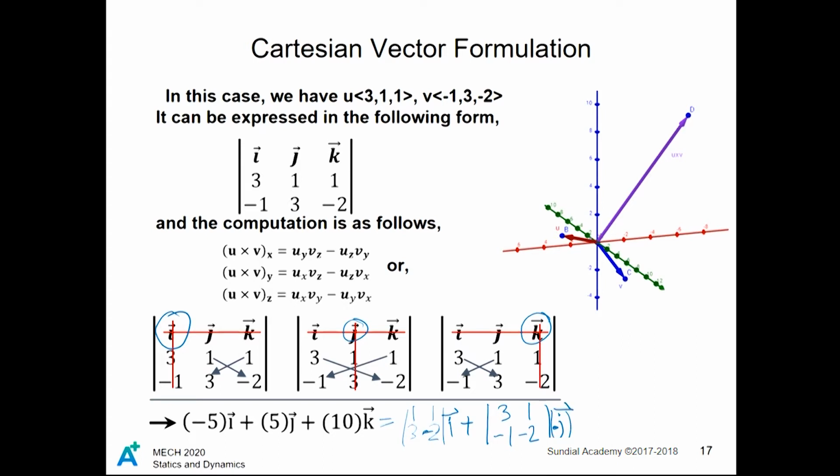Let's note that that's a negative j over there. That's just the rule that we follow for 3 by 3 determinants. If you're taking linear algebra, later on you'll learn that this is a part of cofactor expansion. Plus 3, 1, negative 1, 3 in the k direction.